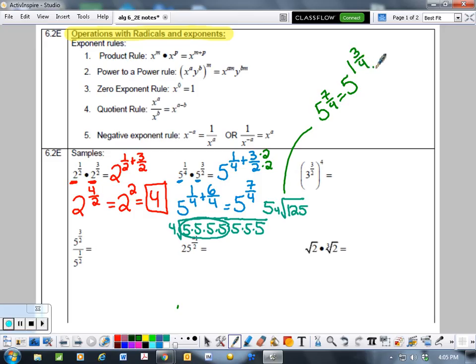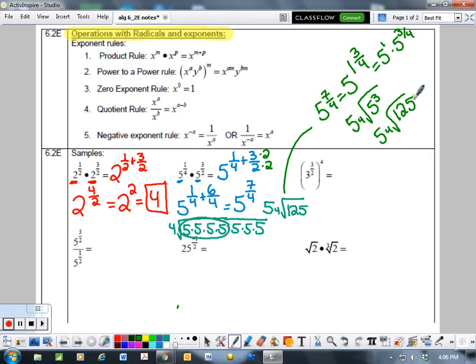And so 5 to the 1st power times a 5 to the 3/4 power, which is really a 5 times the 4th root of 5 to the 3rd, which is 5 times the 4th root of 125. So lots of ways to think about things and use these operations to help simplify. The more versatile you are, the easier it is.